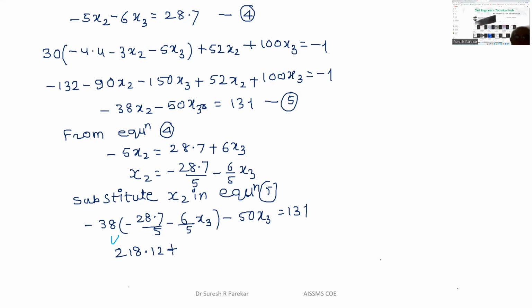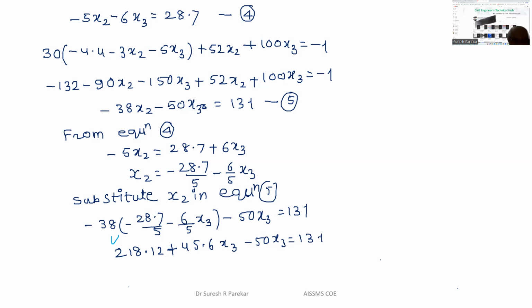So we have 38 into 6 by 5 plus 45.6. So plus 45.6 x3 minus 50x3, and that is equal to 131. And when we solve this, we will have this value.